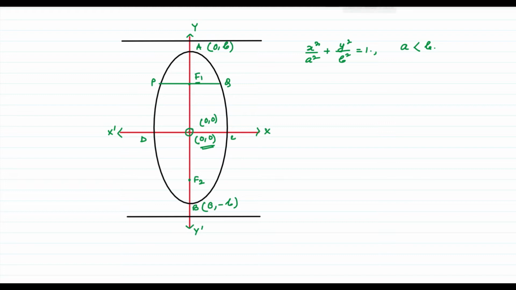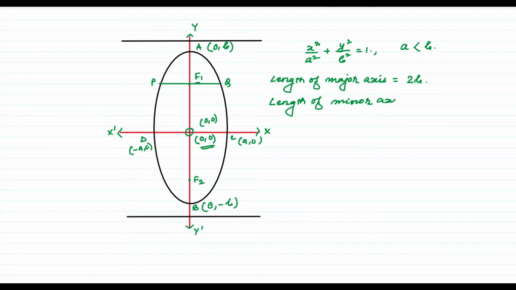And what are the coordinates of the endpoints of the minor axis? They are a comma 0 and minus a comma 0. So we can see from here that the length of the major axis is equal to twice b and the length of the minor axis is equal to twice a.